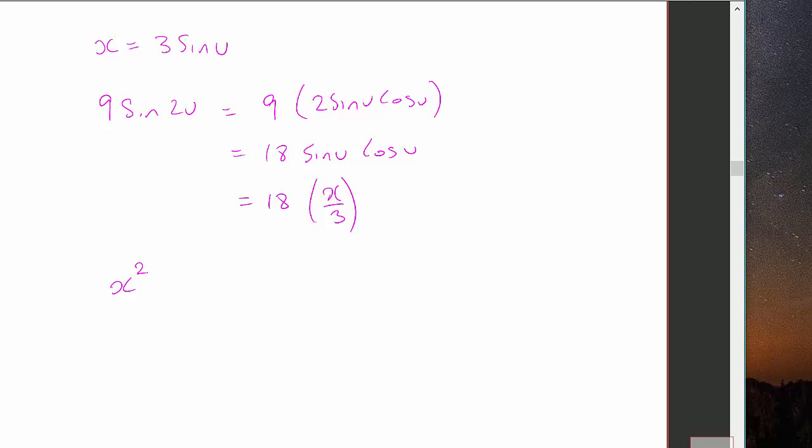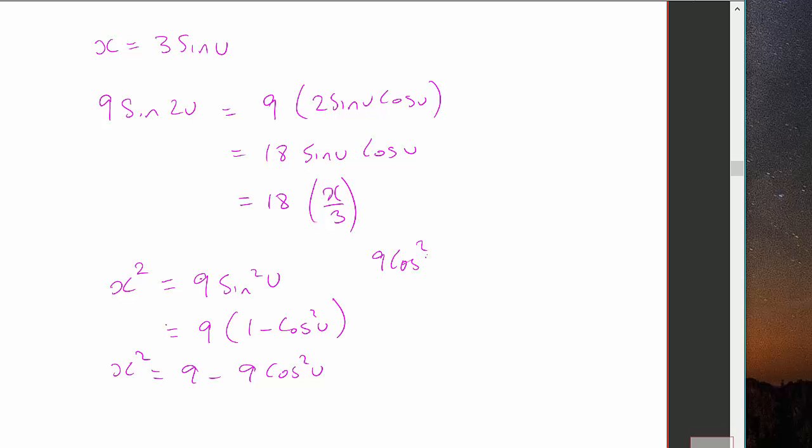Well, x squared is 9 sine squared u. So that's 9, 1 minus cos squared u. And so x squared is going to be 9, take away 9 cos squared u. So 9 cos squared u is going to be 9 minus x squared.